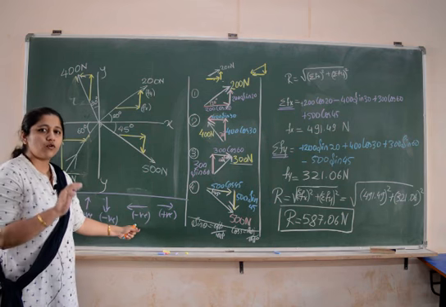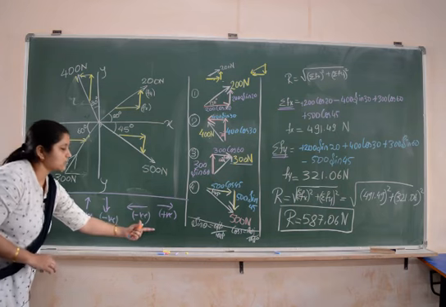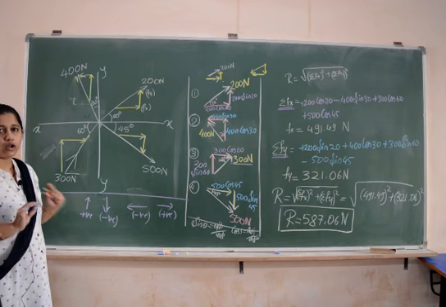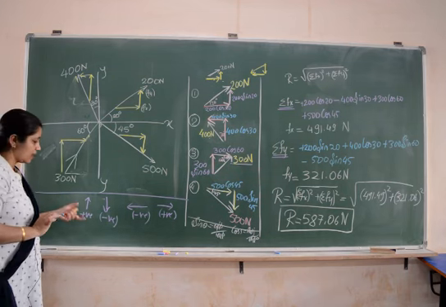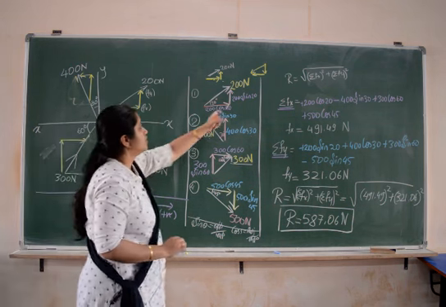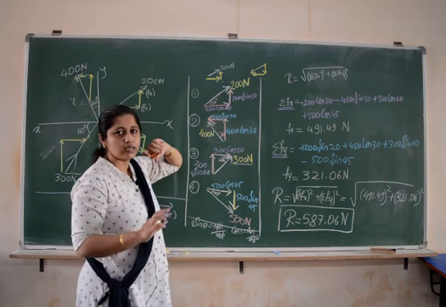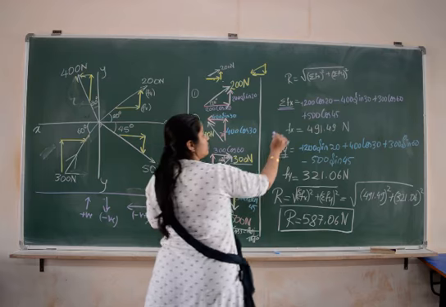For the given problem, it is mandatory to write the sign convention which you are going to adopt. Then, using this, we will see whether it is a positive or negative force.